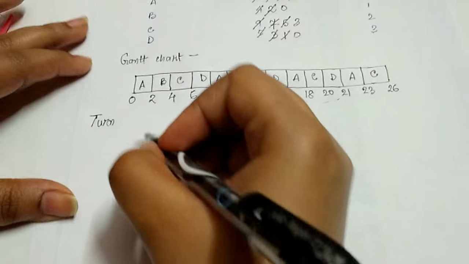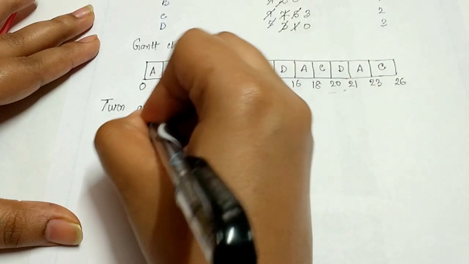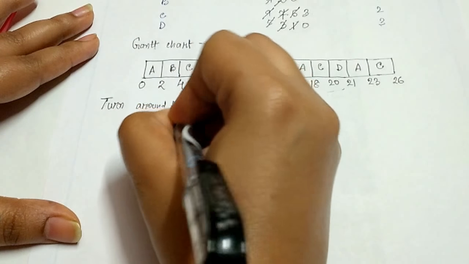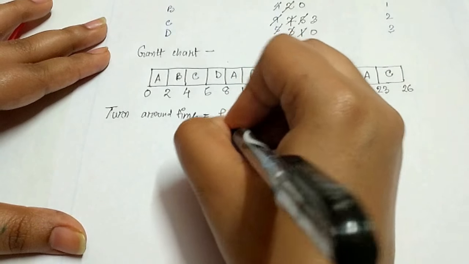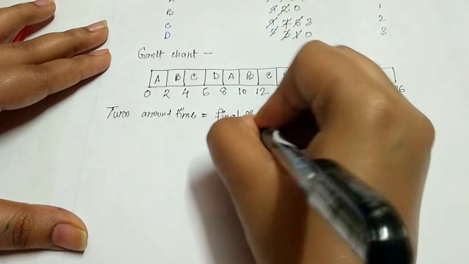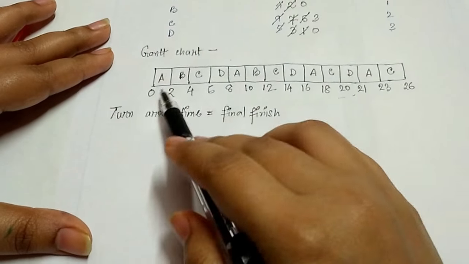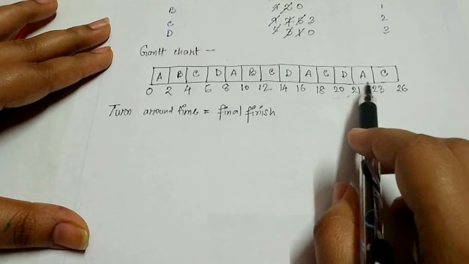Now we should calculate the turnaround time. Turnaround time equals final finish time minus arrival time. These are my finish times.